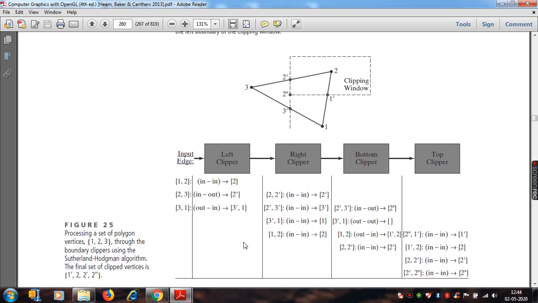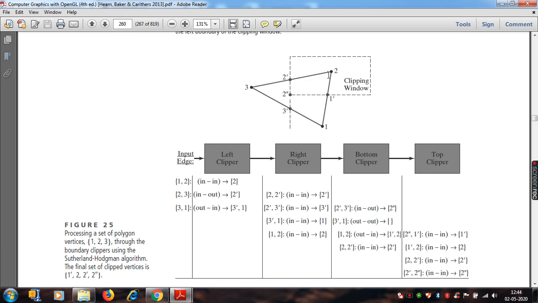Once the left clipper is done, what is the object we have? Vertex 2 we have, 2 dash we have, 3 dash we have, and 1 we have. Understanding? This one: 2, 2 dash, sorry, not 3, it is 3 dash, 1.